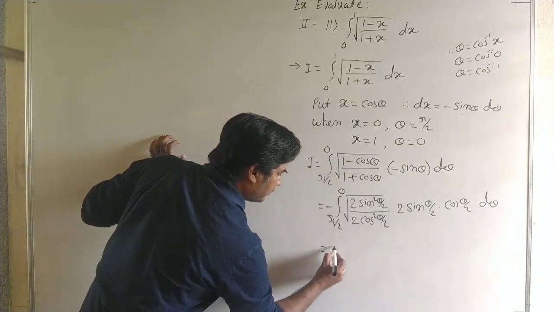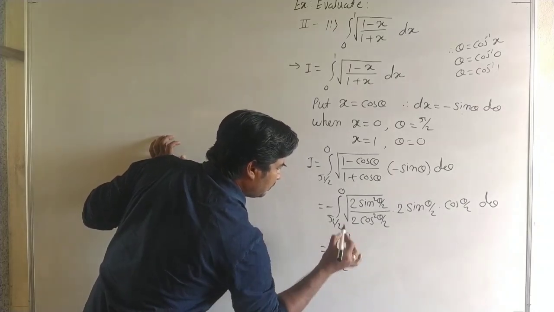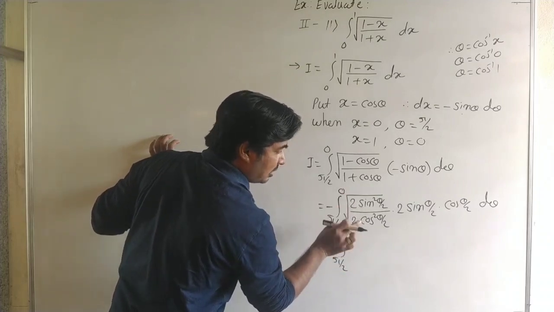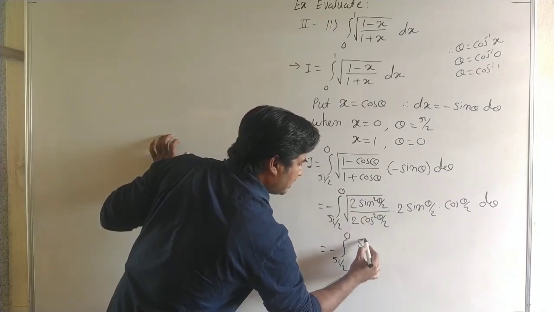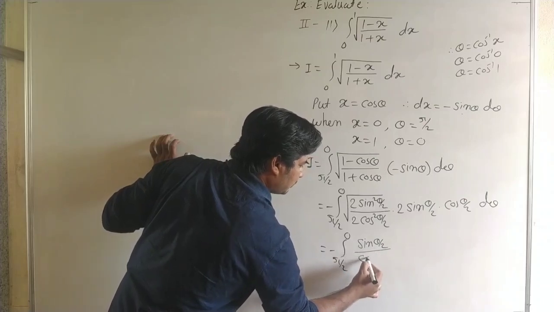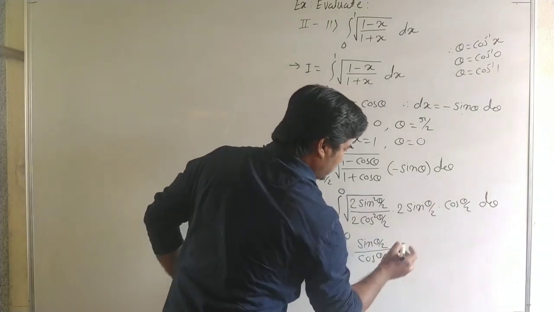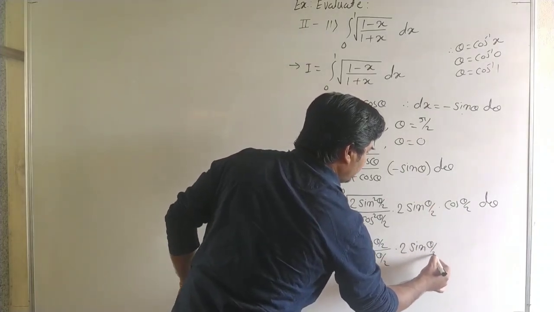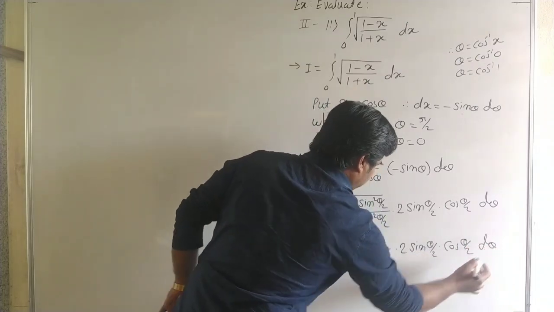Now here it is minus integral pi by 2 to 0. Here the 2 get cancelled. It is sin square upon cos square. See carefully, here we can write it is sin theta by 2 upon cos theta by 2, into 2 sin theta by 2 into cos theta by 2 d theta.